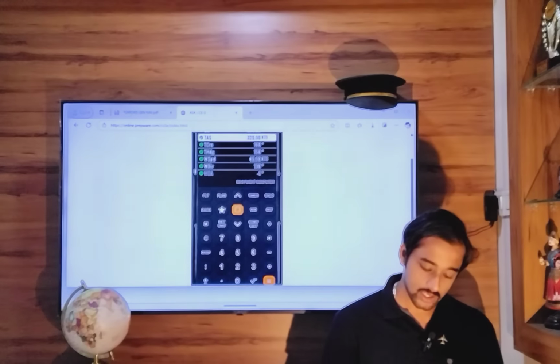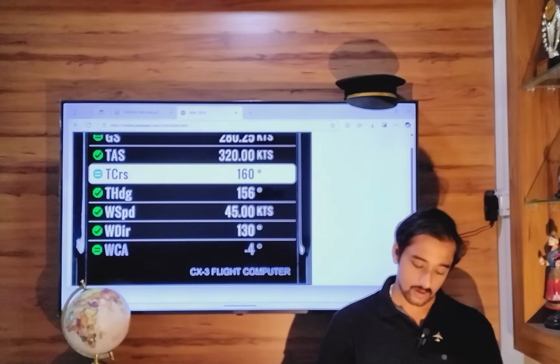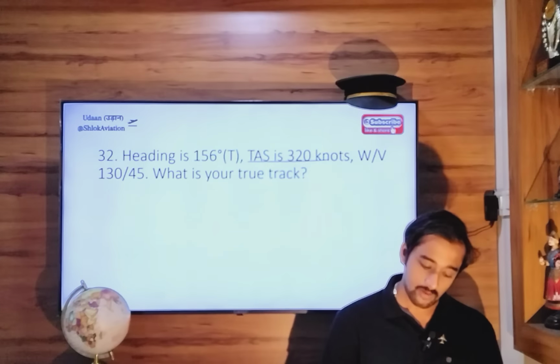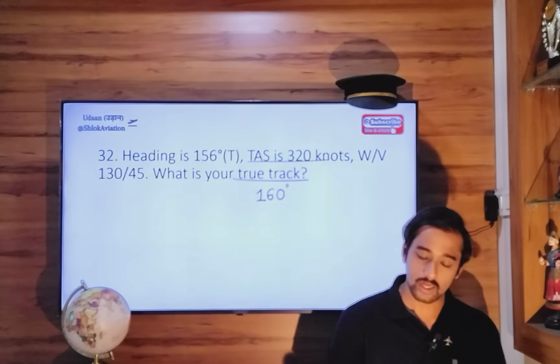So this gives us a true course of 160. Okay. So the correct answer will be, what is your true track? It is 160 degrees.